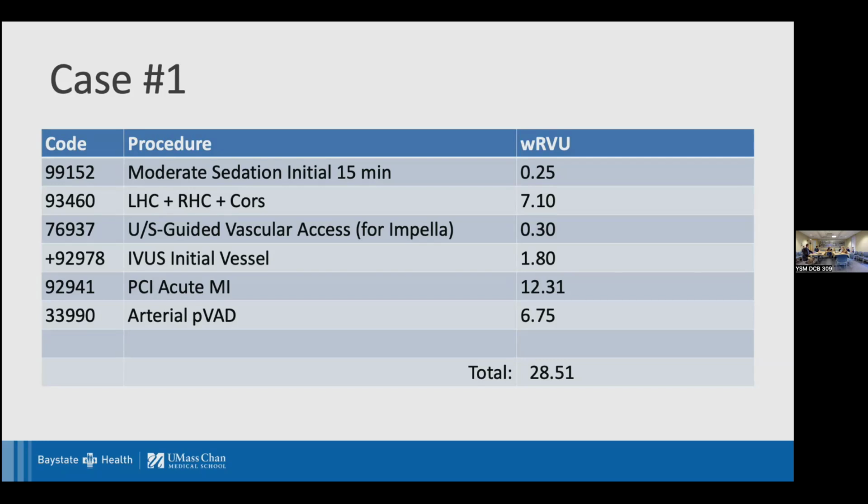Since 1992, how much do you think the conversion factor has increased? Right? Inflation since 1992 has been, I don't know, 50%. I'll tell you, the 1992 conversion factor was $31.10, and next year we're going to be up to $32.34, right?